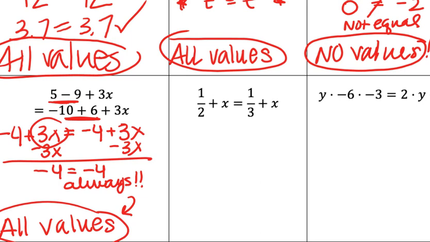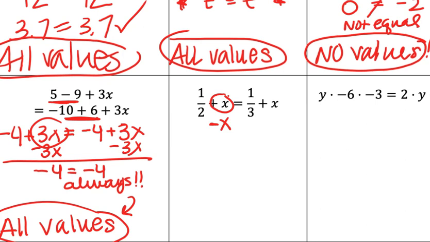Okay, let's take a look at the next one. You have a couple options here. You could multiply each side by 6 to clear the fractions. But what I'm going to do is solve this by eliminating this x. Go with me here. x minus x is 0.